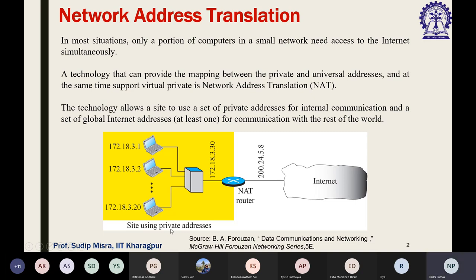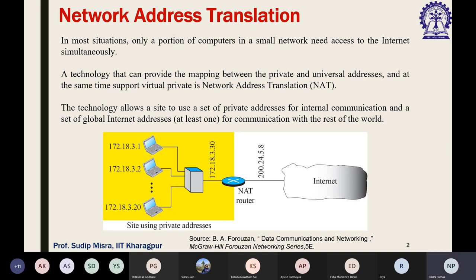Now you see that these private IP addresses would be sufficient within IIT Kharagpur. And exactly the same thing you can repeat in another organization. Let us say in IIT Kanpur also, you can have another computer which has the IP address 172.18.3.1. It doesn't matter.